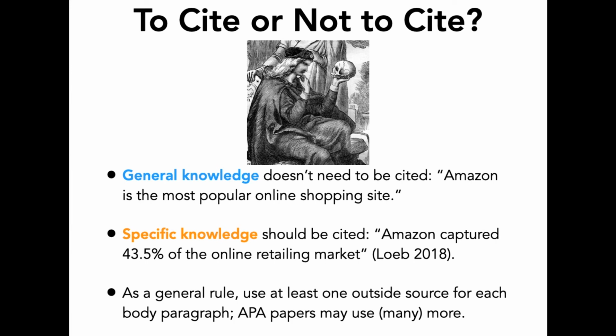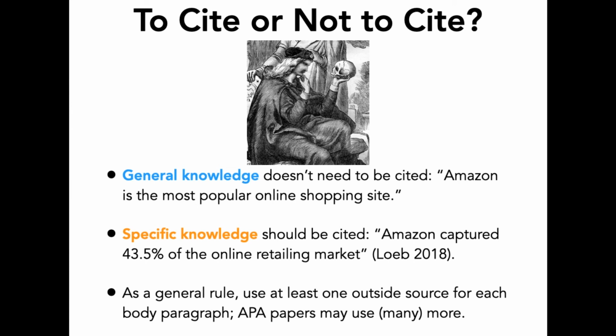So something like "Amazon is the most popular online shopping site." If you make a statement like that in your essay, you might think you need to find a source to back up your statement, but for something like that that's just general knowledge, there's no need to include a citation for that. On the other hand, specific knowledge should be cited.